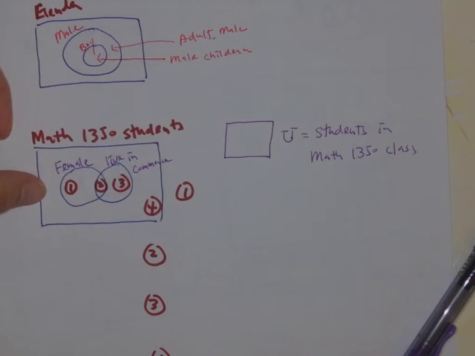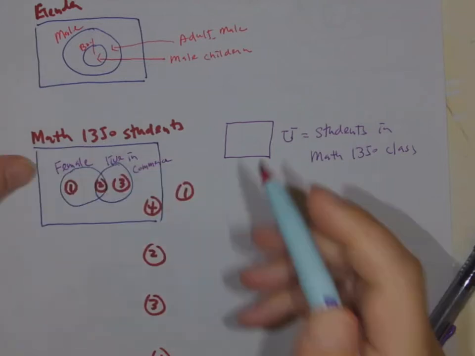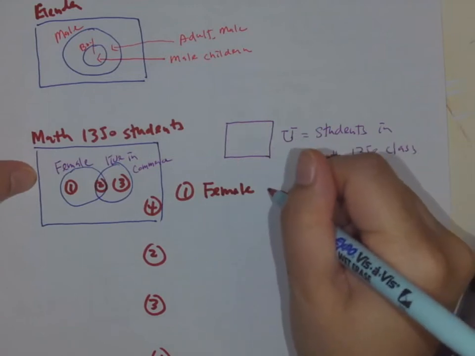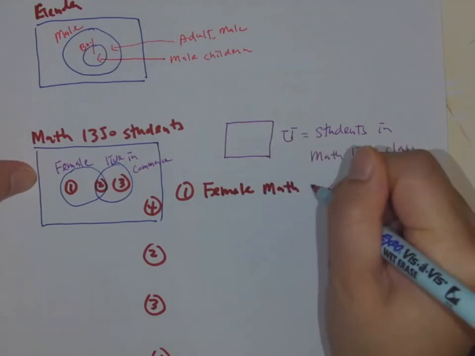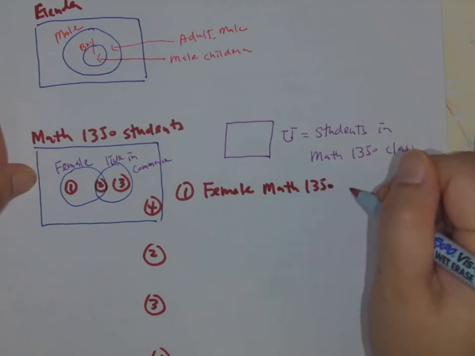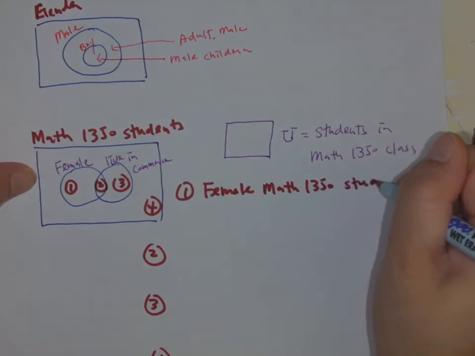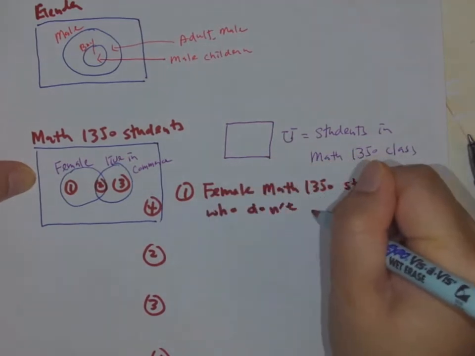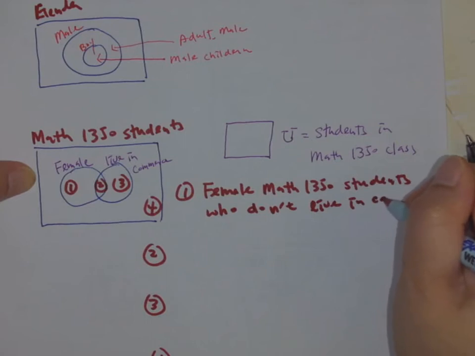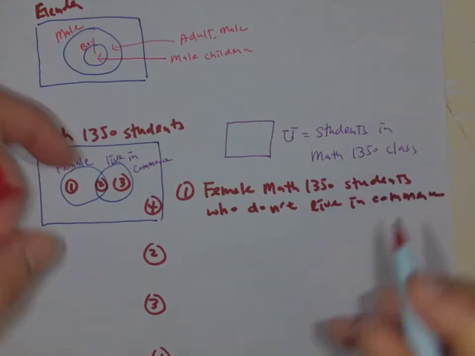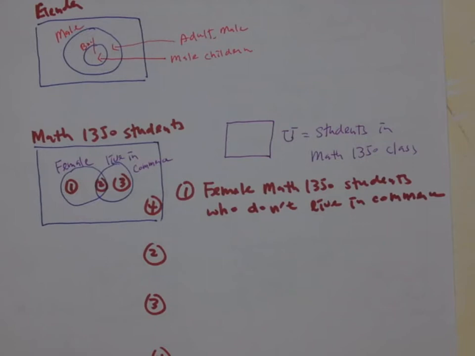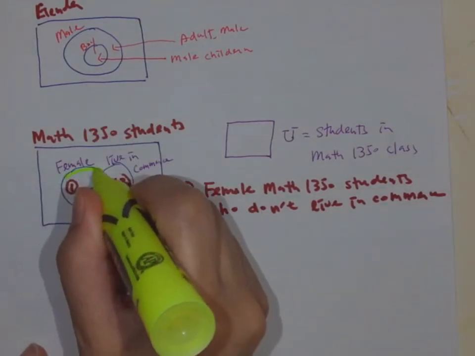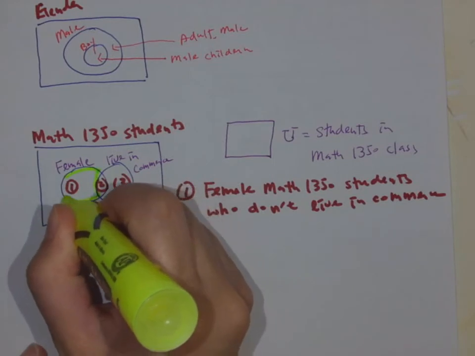So that would be female math 1350 students who don't live in commerce, because what I'm talking about here is section 1, which is just this little part, right? But excluding the overlapping part.